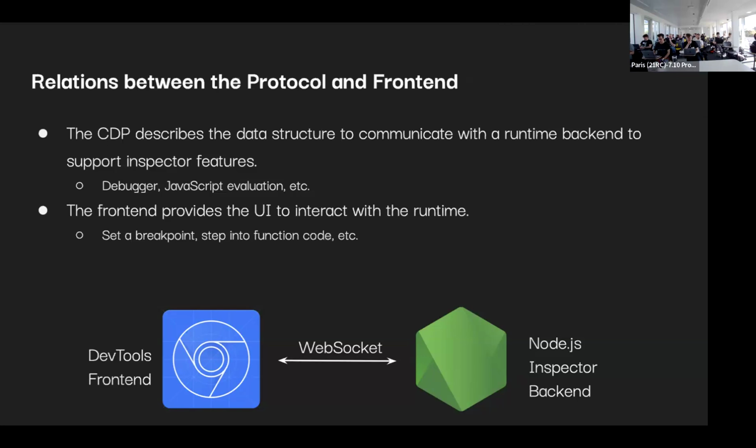And the front end is developed by the Chrome DevTools team, which we also invited to join the session today to share. Maybe we can talk about the feature integration later. So thank you, DevTools team, for joining the session today.